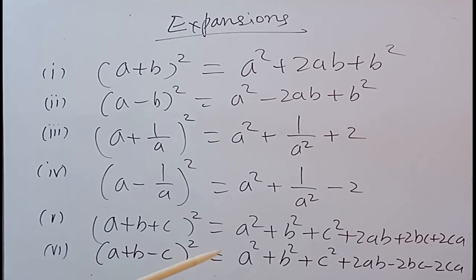Here we have plus c square because the whole square of minus c gives the plus sign, plus 2ab and minus 2bc, as c is negative, and minus 2ca, as c is minus. With the help of these formulas, we will solve the sums of exercise 12b.